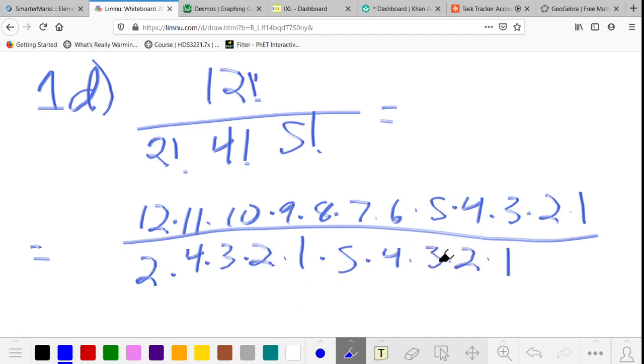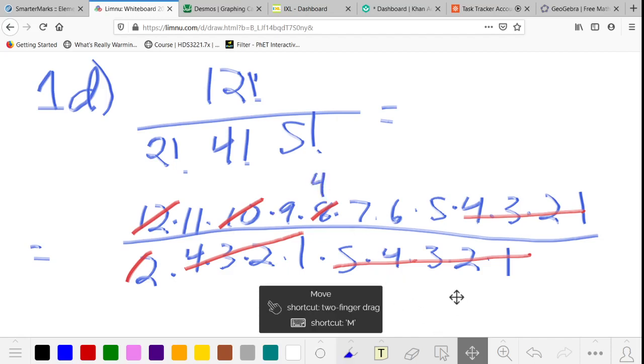Now 5 factorial is 120. That's the same as 12 times 10. We could take out the 4 factorial entirely here. And we can reduce the 2 with the 8 to make a 4.